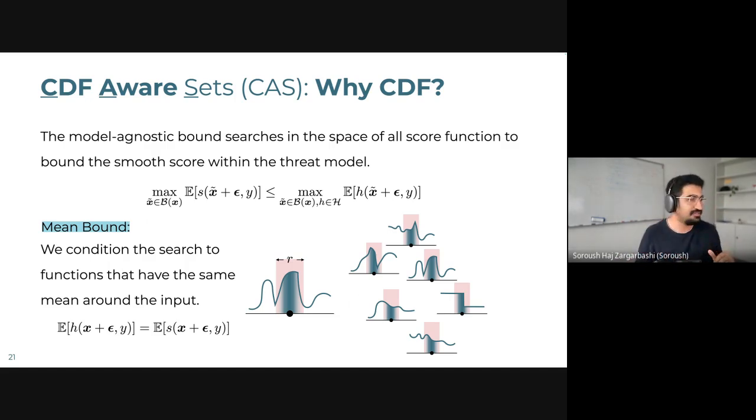I might say it in a more complex way, but assume that I have my classifier in a black box way, so I can compute the mean score with this smoothing scheme that I defined.